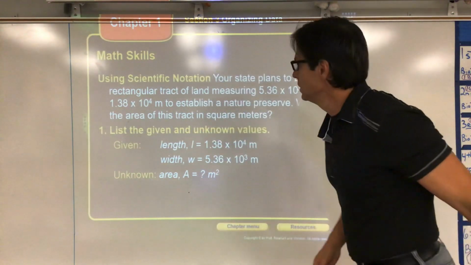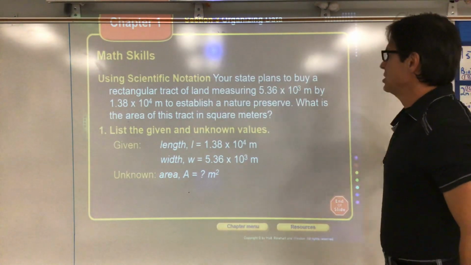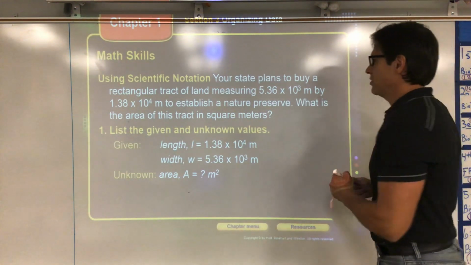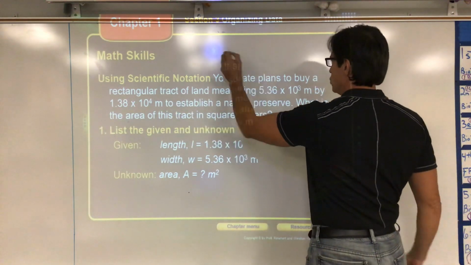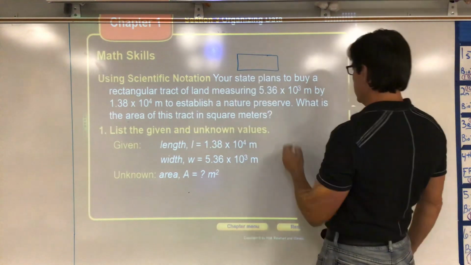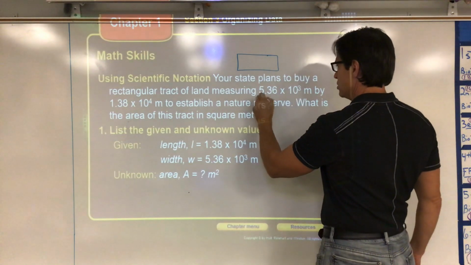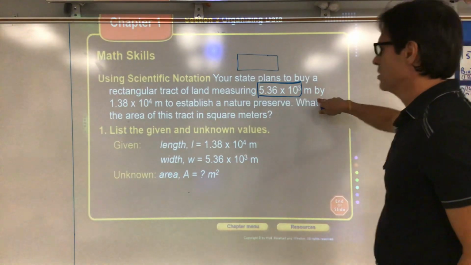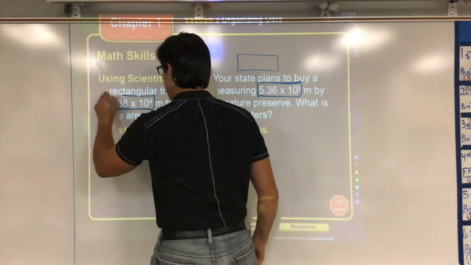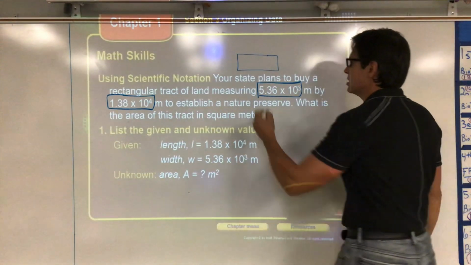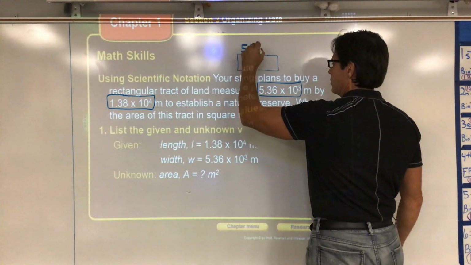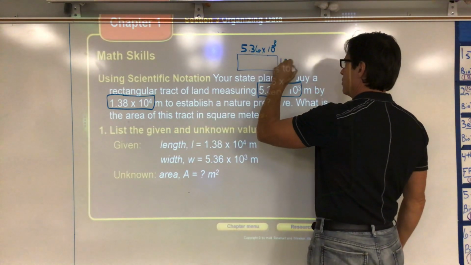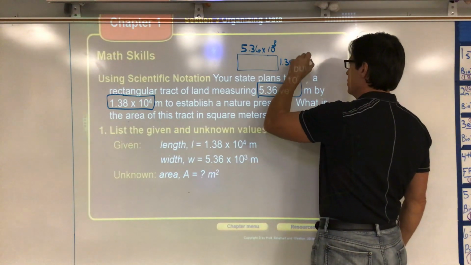Your state plans to buy a rectangular tract of land measuring 5.36 times 10 to the 3rd meters by 1.38 times 10 to the 4th.